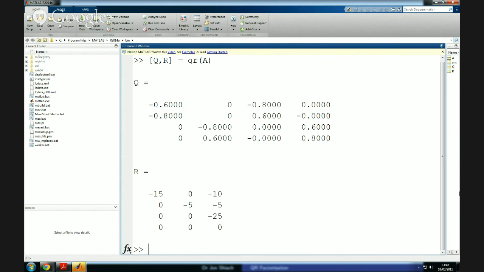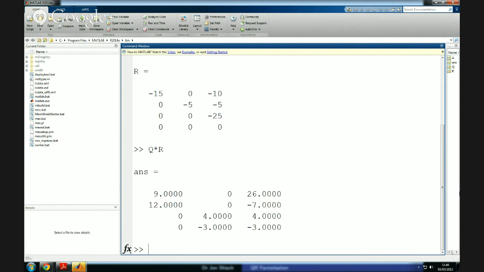This is still a valid QR factorization. Q times R gives us A back. So your Q and R aren't unique. Depending on which method you use, you may get different values. Okay, and in the second half, we'll look at that other method.